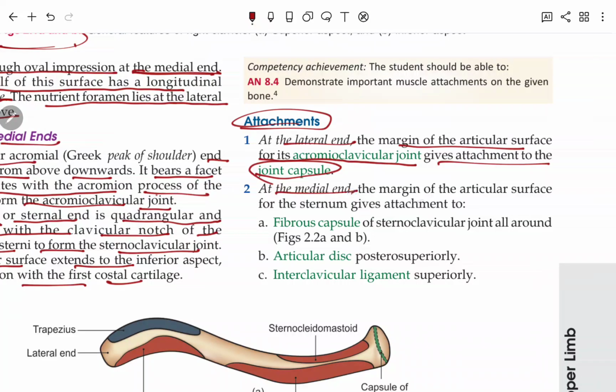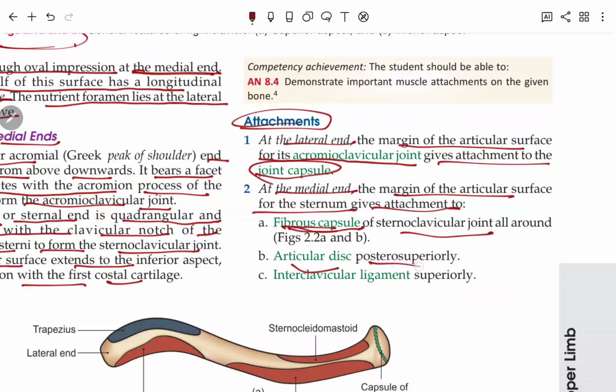At the medial end, the margin of the articular surface for the sternum gives attachment to the fibrous capsule of the sternoclavicular joint all around the joint. So by this we get to know the medial end, the sternoclavicular joint, is a fibrous type of joint.